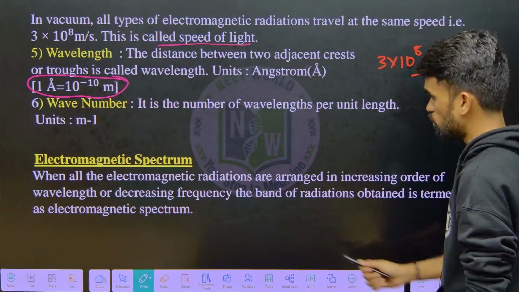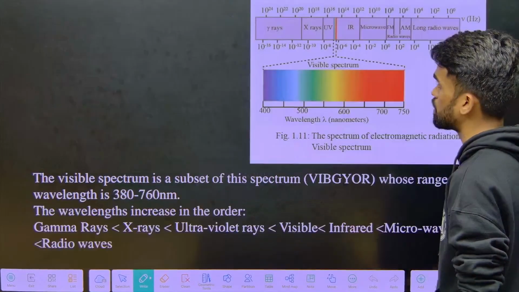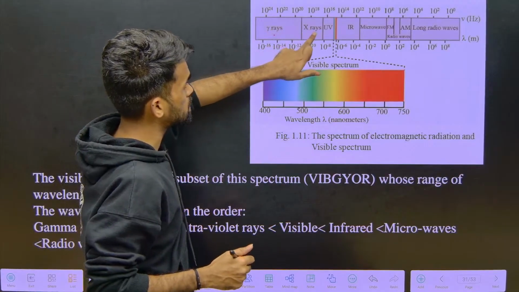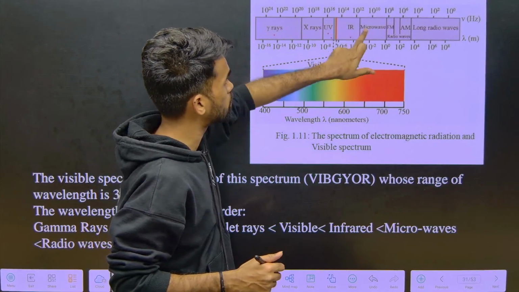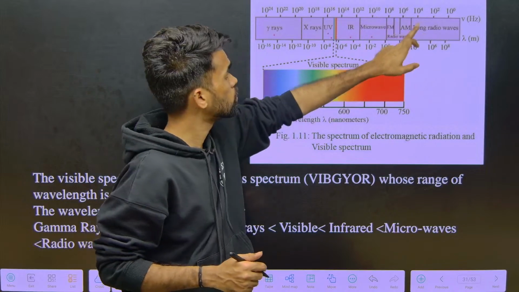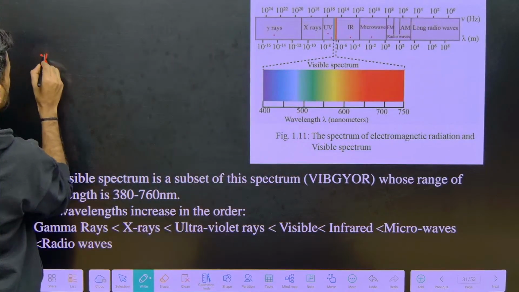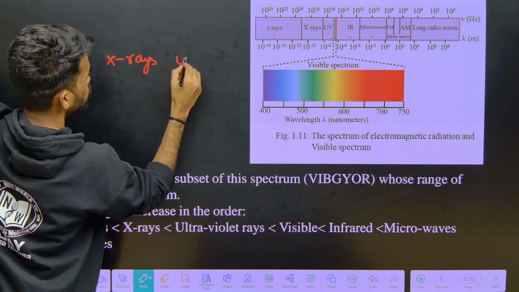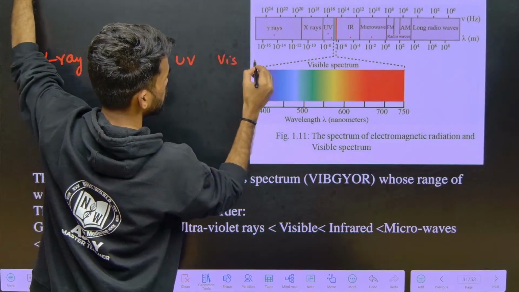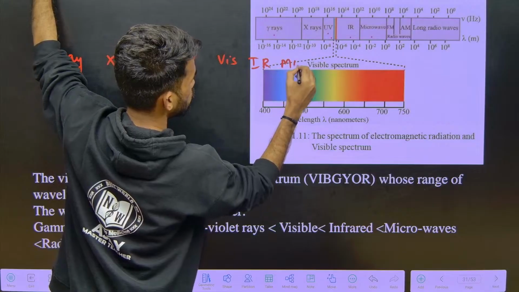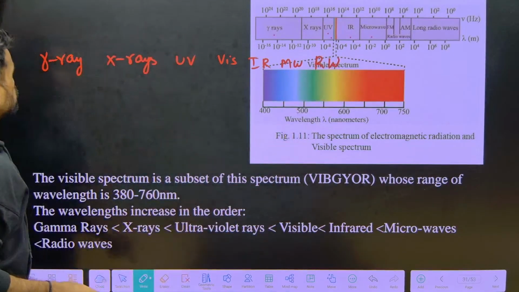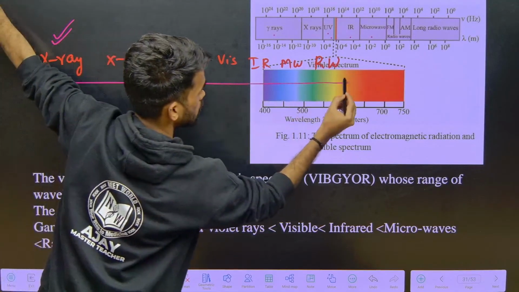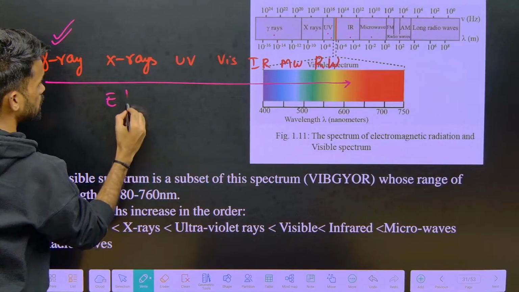Now the electromagnetic spectrum. Here we have a range of areas: gamma rays, X-rays, UV, visible, IR, microwaves, radio waves. These are the highest energy rays, and as we go this way, energy decreases.